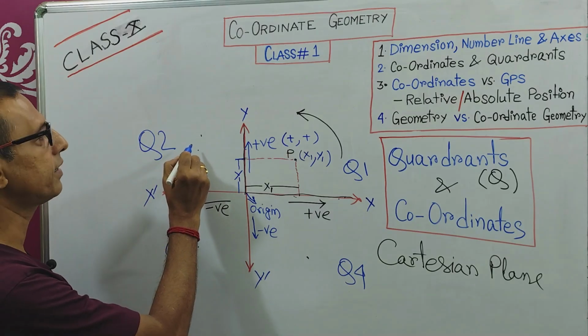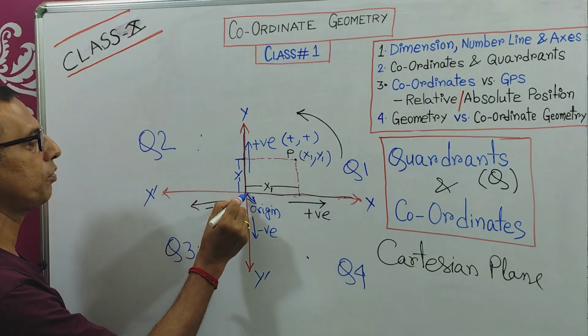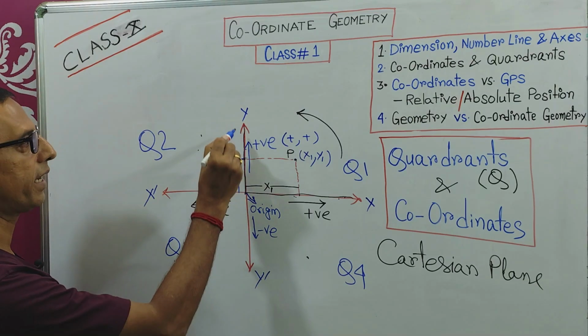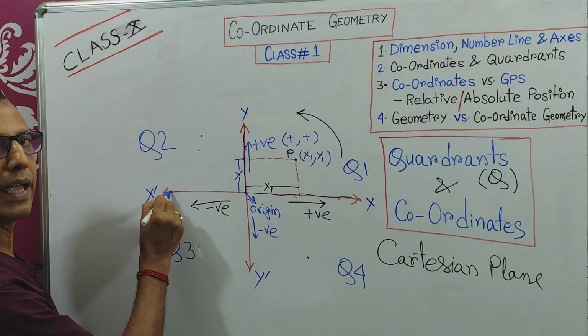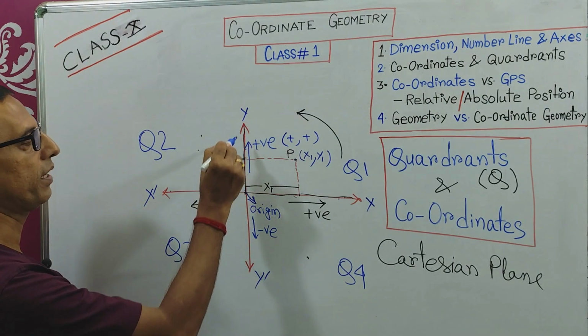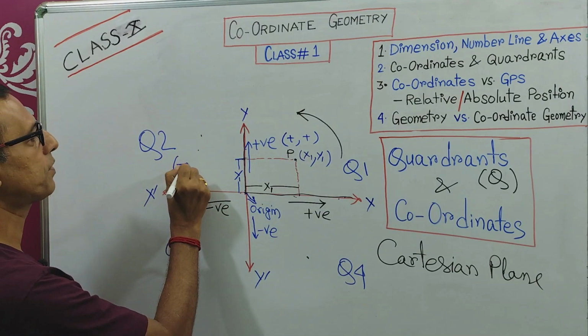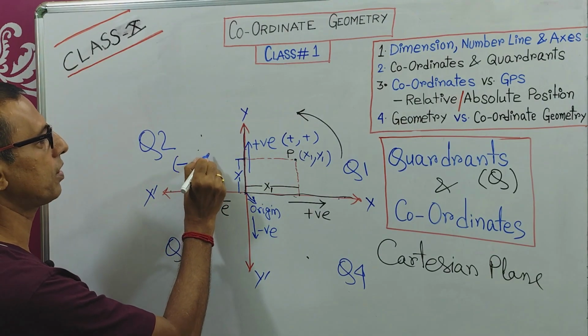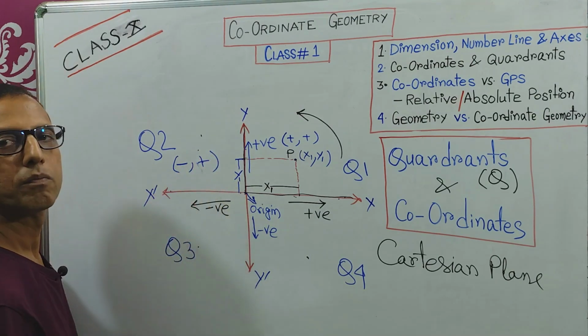If the point lies in the second quadrant, then what you can see is that the second quadrant is formed by the negative x and positive ordinate, negative abscissa and positive ordinate. That means the abscissa is negative, the ordinate is positive, minus plus.